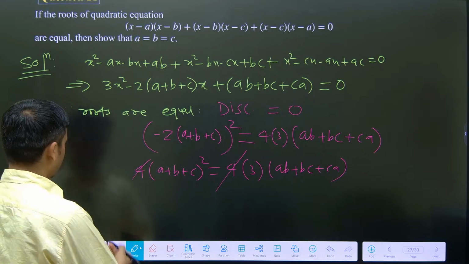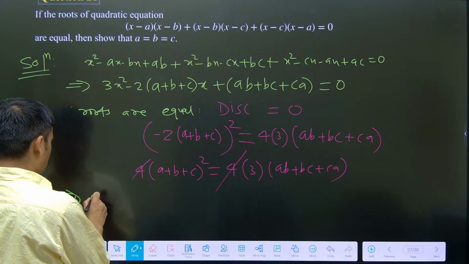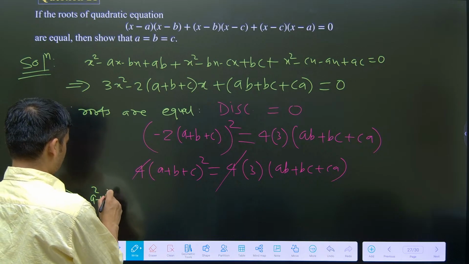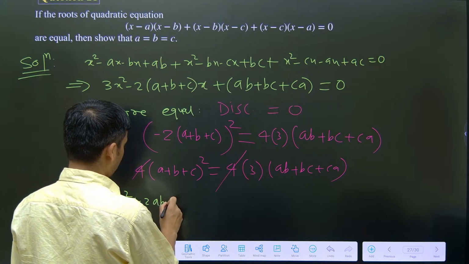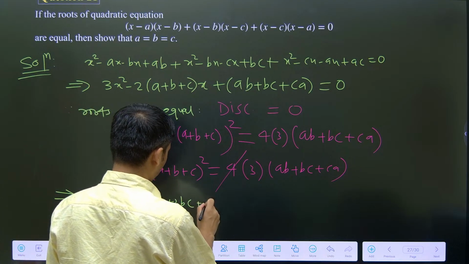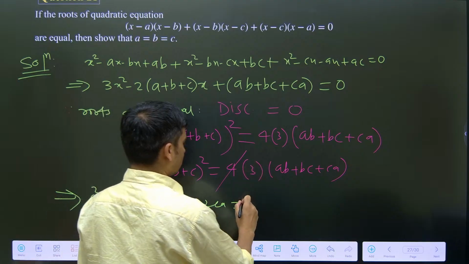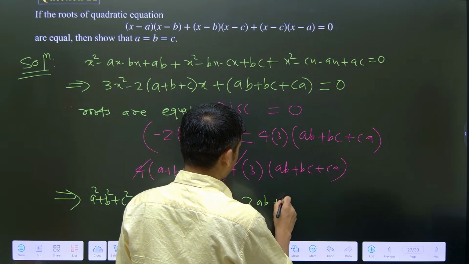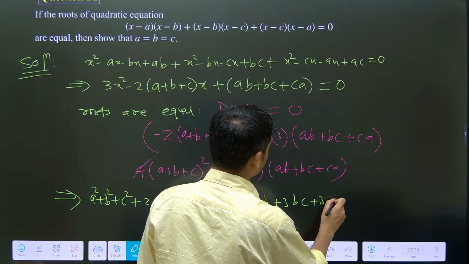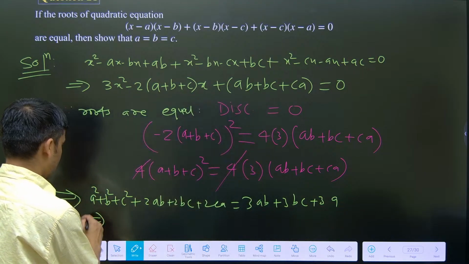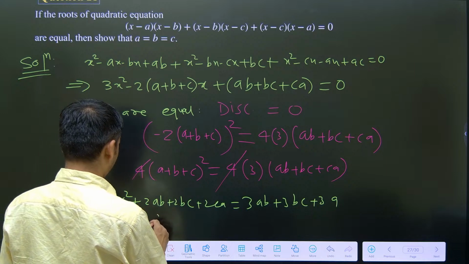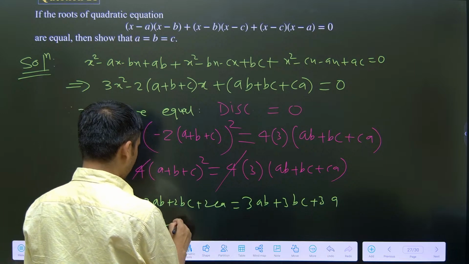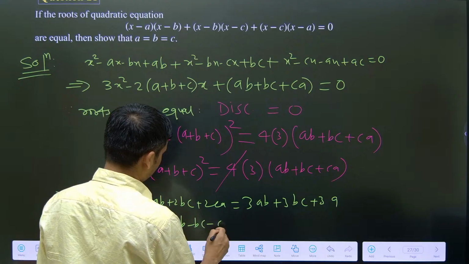A plus b plus c the whole square identity: a square plus b square plus c square plus 2ab plus 2bc plus 2ca. It is 3ab plus 3bc plus 3ca. When we simplify, bring all of them to one side, so we get minus ab minus bc and minus ca.